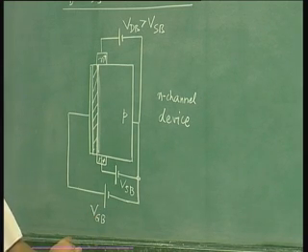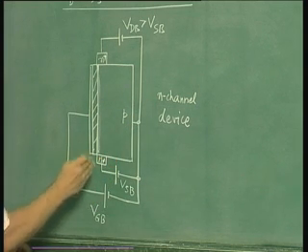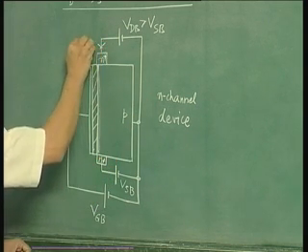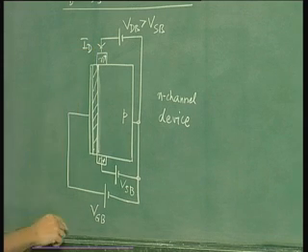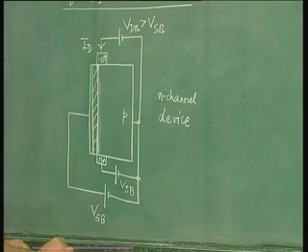Now once we derive the ID as a function of VGB, VSB and VDB, we can always convert these equations to the form when source is the common terminal. This can be done as follows.